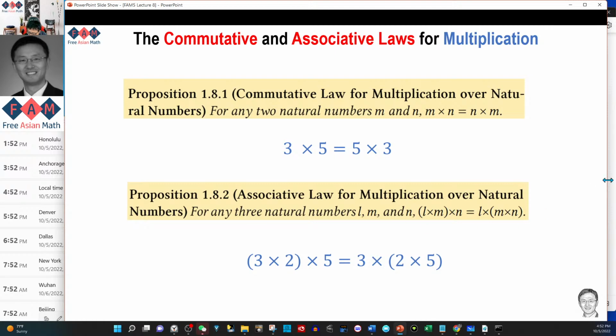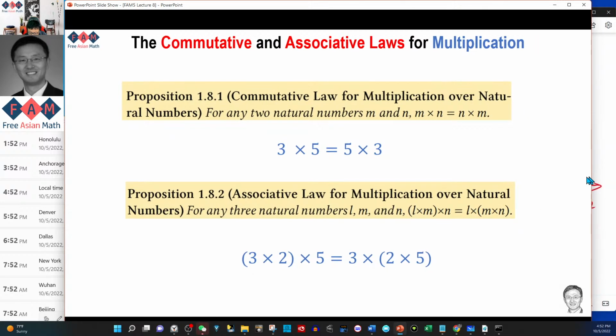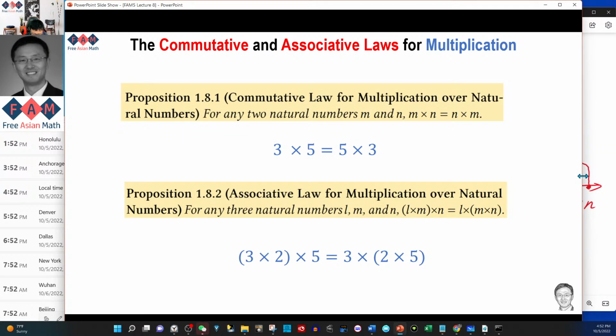And that's actually true. So we have those two propositions. Commutative law for multiplication over natural numbers and associative law for multiplication over natural numbers. And very similar to the same laws for addition. We just replace the addition operation with the multiplication operation.